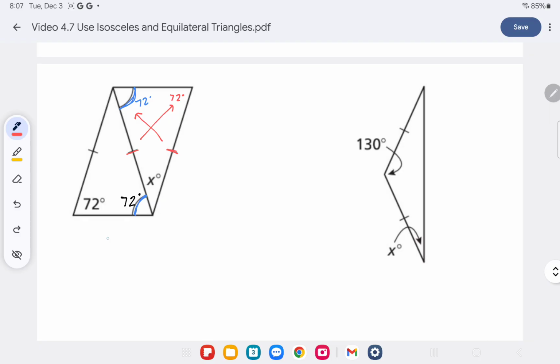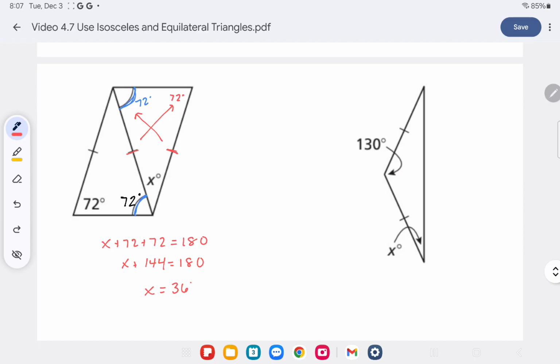Now we can figure out angle X because X plus 72 plus 72 is going to equal 180, or X plus 144 equals 180, which means that X equals 36.